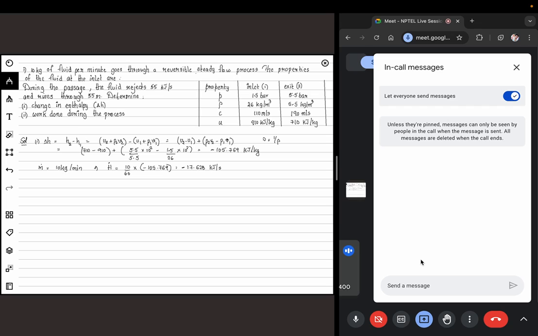How do you calculate the work done? Again, we use the steady flow, steady state energy equation. What is the equation? We have Q dot minus Wx dot, where Wx is the shaft work.